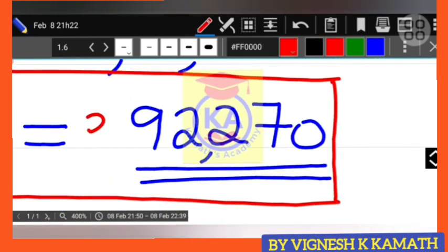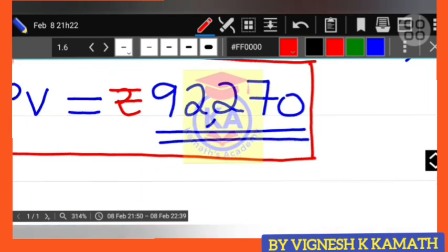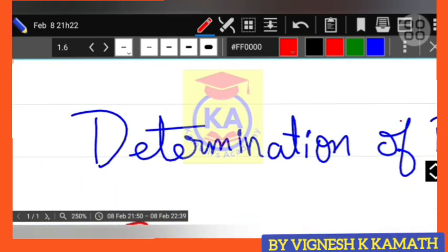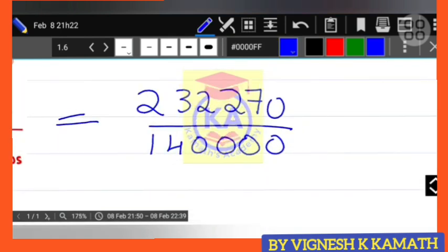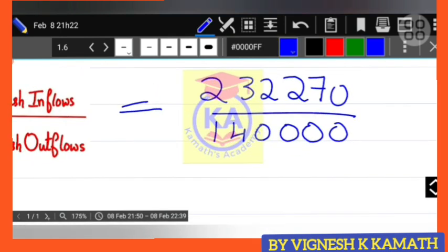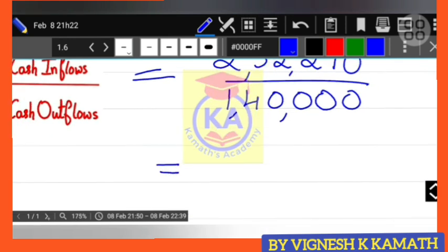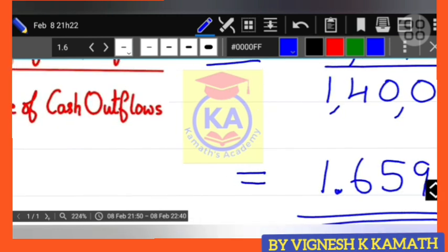The rupee symbol is very essential here. While dividing 2,32,270 by 1,40,000, you will get the answer as 1.6590.